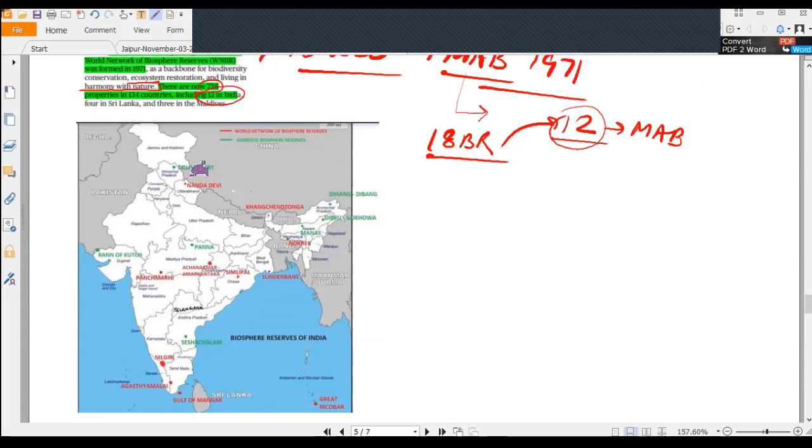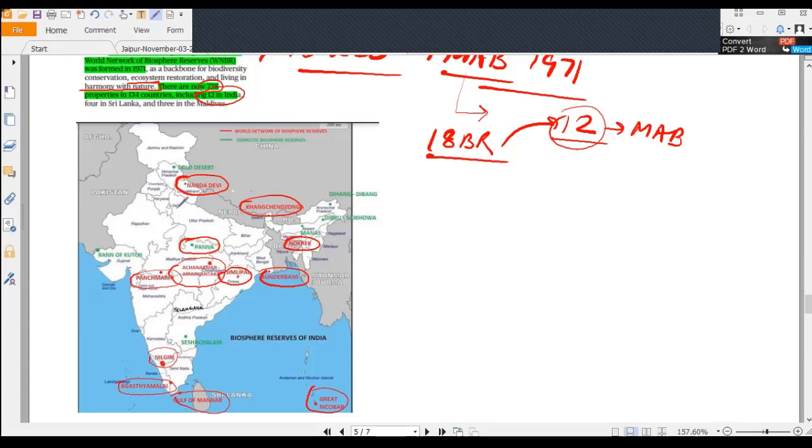Currently there are 18 biosphere reserves in India, out of which 12 are notified under MAB program. So let us see which are these 12. Nanda Devi in Uttarakhand, Kanchenjunga in Sikkim, Nokrek in Meghalaya, Sundarbans in West Bengal, Simlipal in Odisha, Achanakmar-Amarkantak, Chhattisgarh and MP border, Panchmarhi, Madhya Pradesh, Great Nicobar, Andaman and Nicobar, Gulf of Mannar, Tamil Nadu, Agasthyamalai, Tamil Nadu, Nilgiri, Kerala, Karnataka, Tamil Nadu, and latest being Panna Biosphere Reserve.